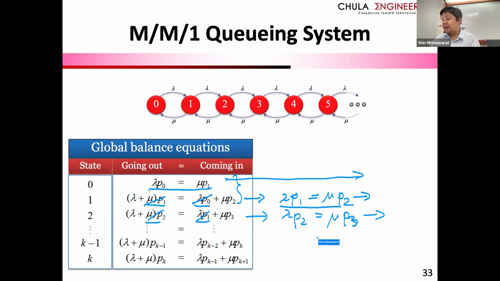It's just the same pattern, right? So you see lambda Pi equals mu P(i+1). Right? So the subsequent P's follow the same relationship described by lambda and mu, right?